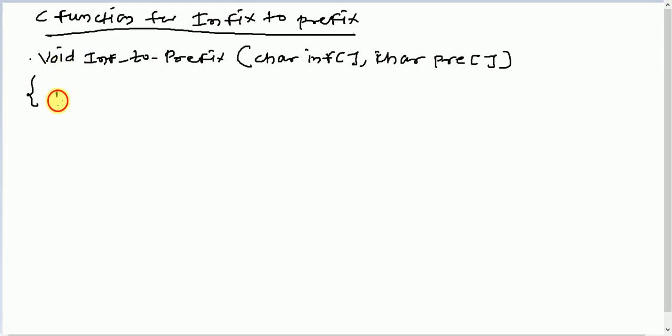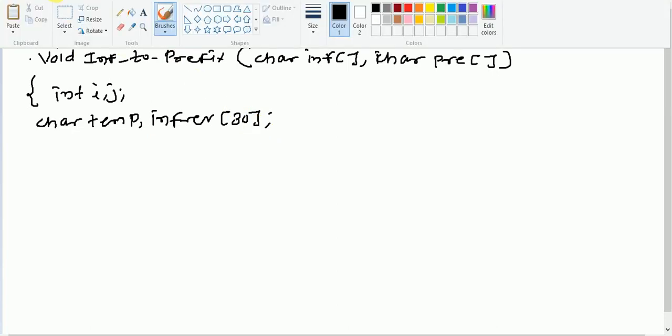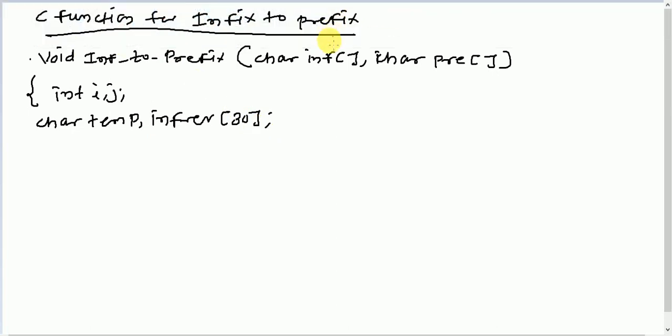Then we'll have to traverse the array, so declare i and j as counters. Then I want to reverse the expression. So for reversing, I'll take some character array temp over here, and for reversing the infix expression I'll take an infix reverse character array. Now what we are doing here, first of all, a very important thing, we are basically reversing the string.